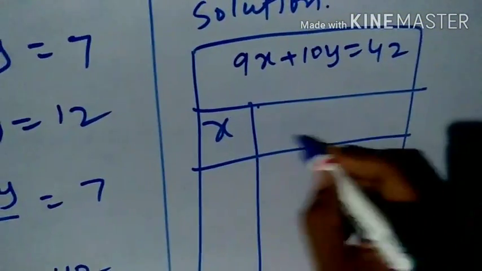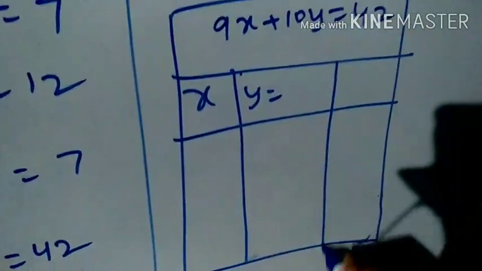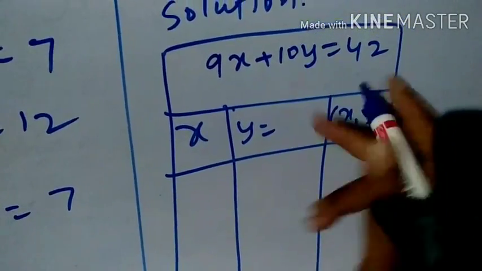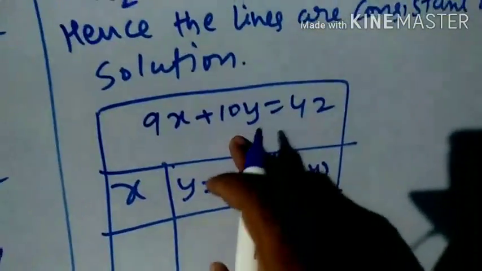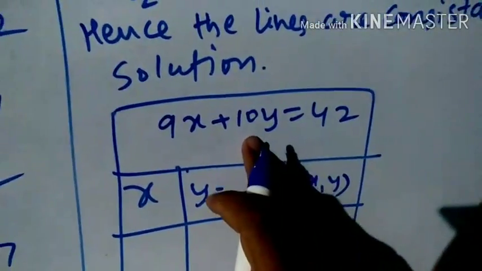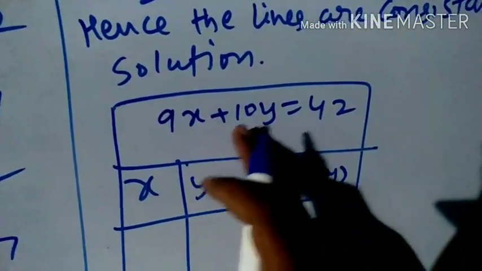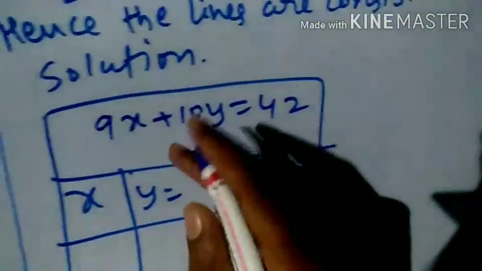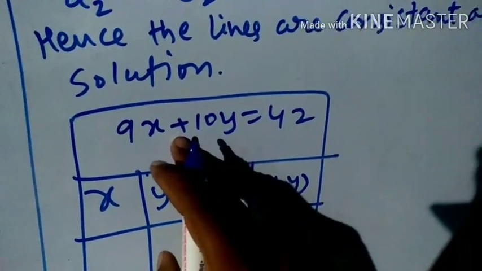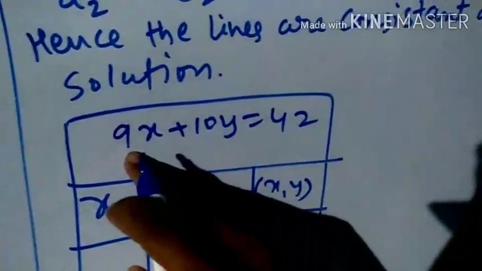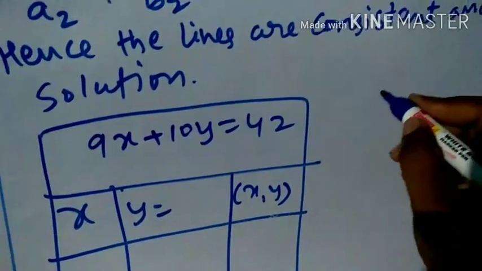x, y is equal to x comma y. For this equation we are writing in terms of y. The y sign is plus, so transpose 9x to RHS.